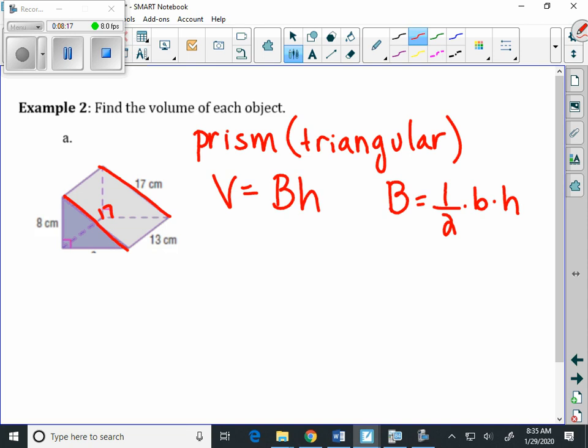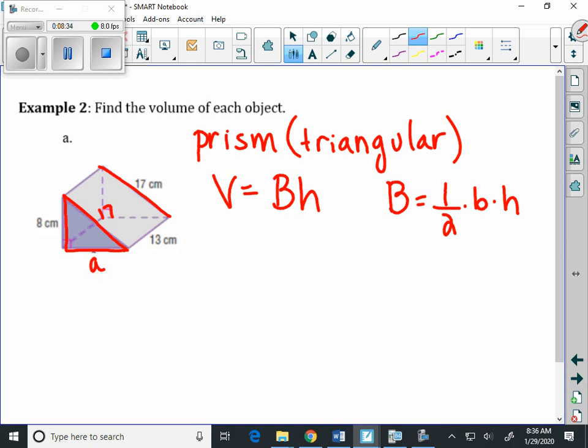And we need that information because the base, the big B, is going to be this shaded portion of our prism. And what we need to figure out is, what is the length of that side there?